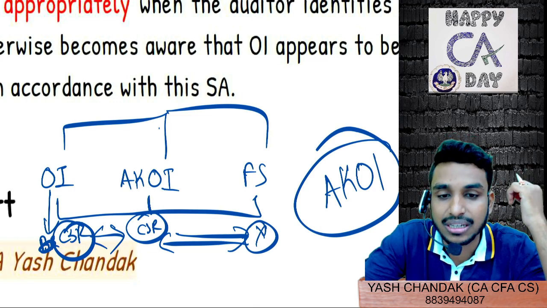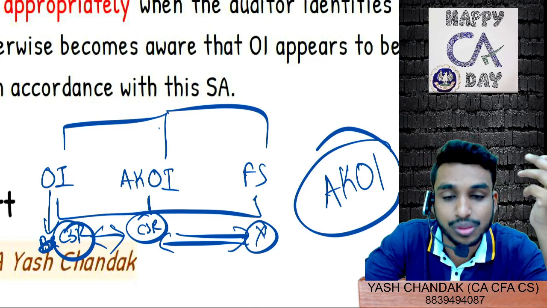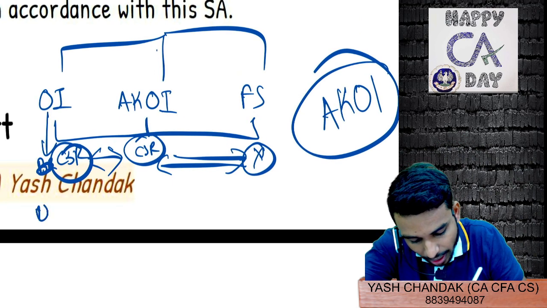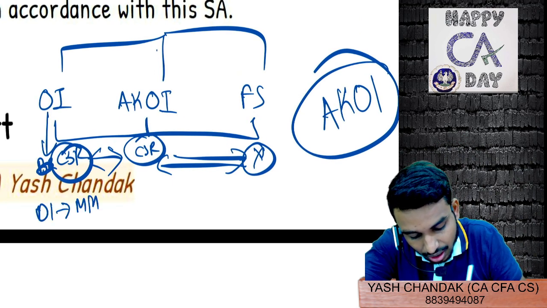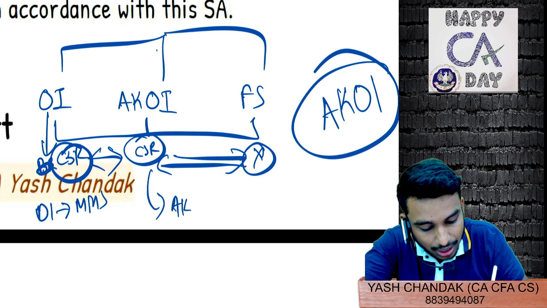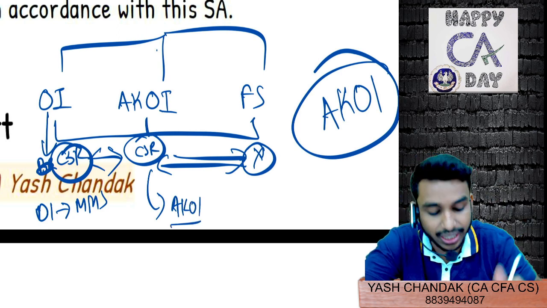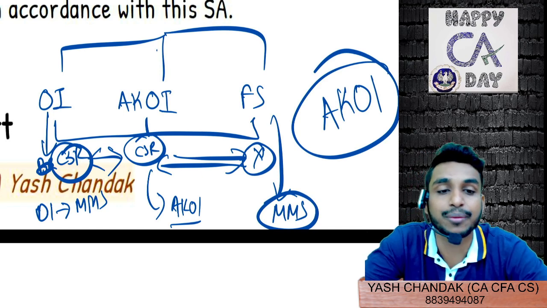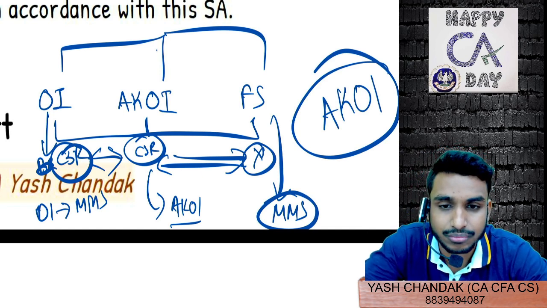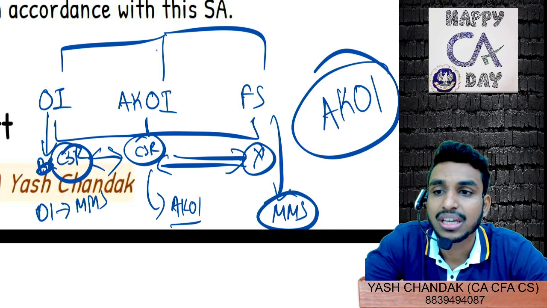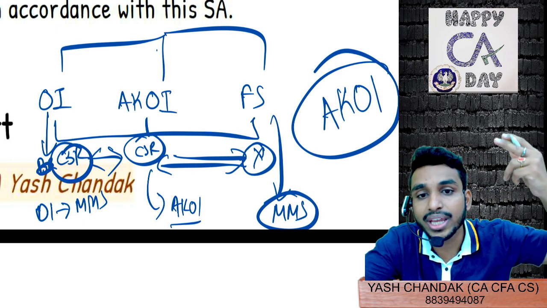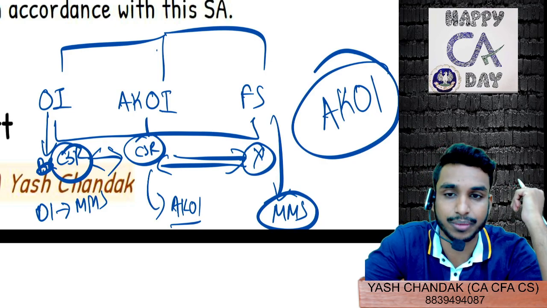If there is any material inconsistency, then you have to see whether the material misstatement, MMS, is in OI, or whether our own knowledge, AKOI, is wrong, or whether there is a material misstatement in the financial statements. So you have to see whether the misstatement is in OI, in AKOI, or in the financial statements.